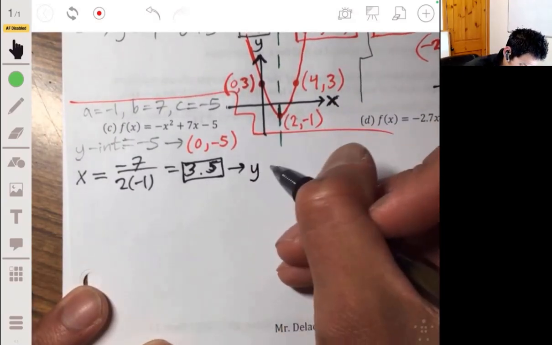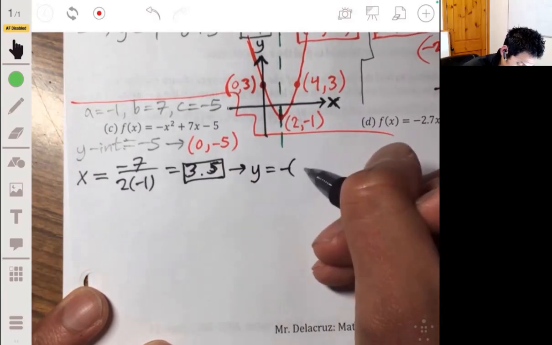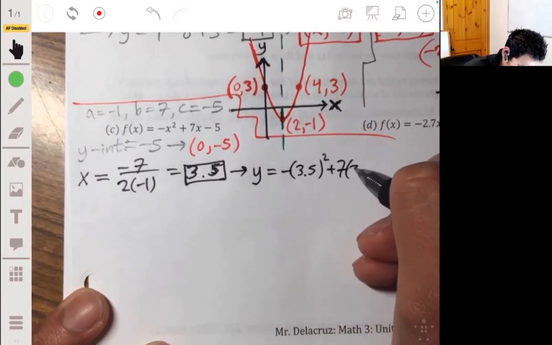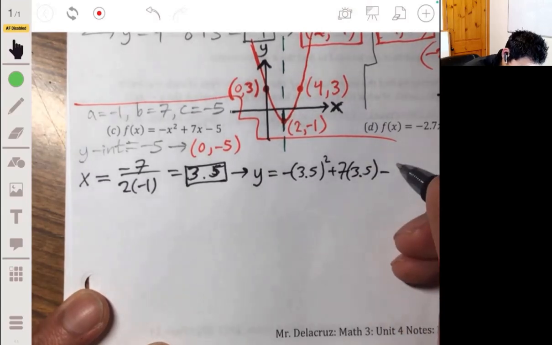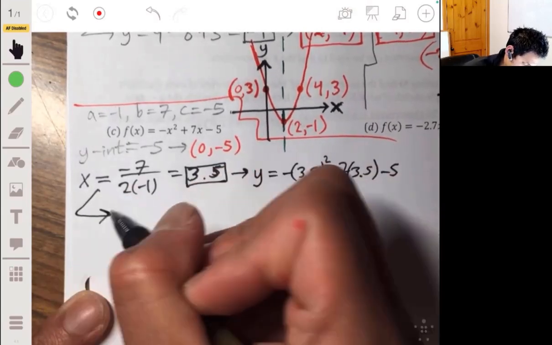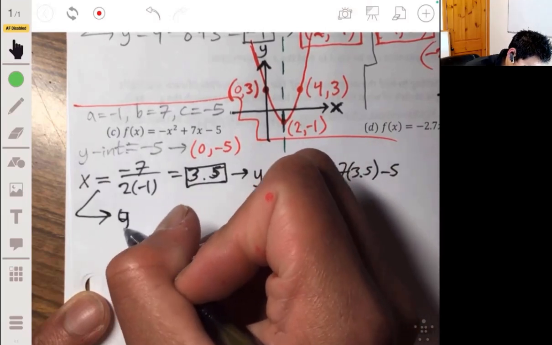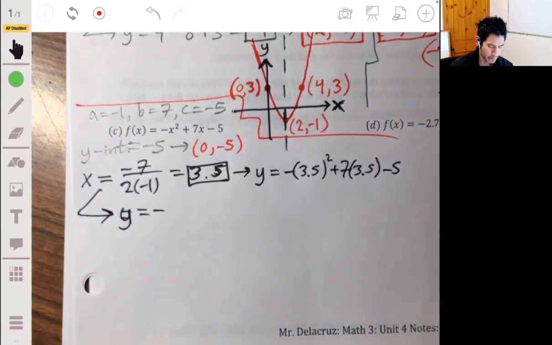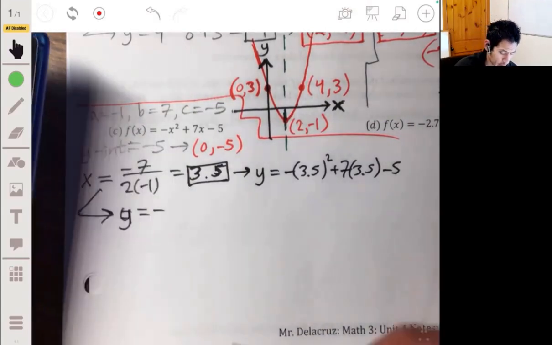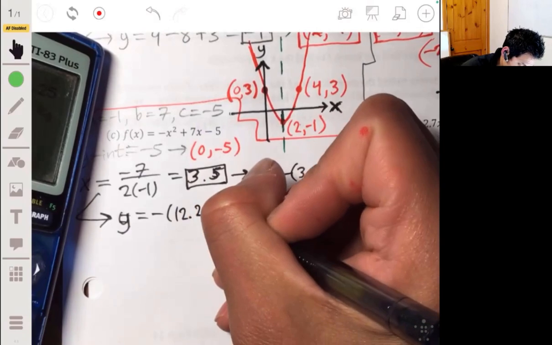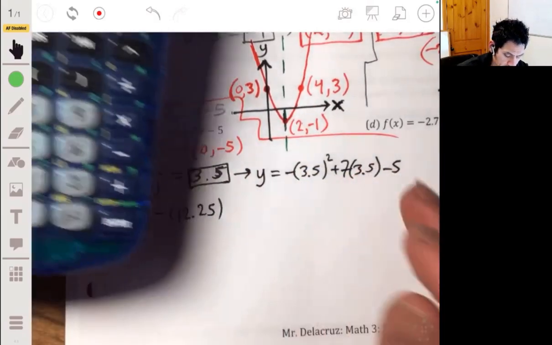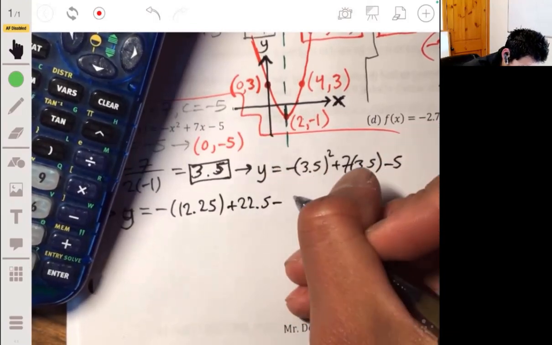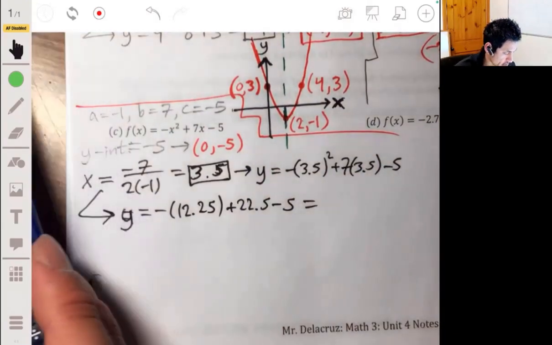And y will then be equal to negative 1 times 3.5 squared, plus 7 times 3.5, minus 5. 3.5 squared first is 12.25, so negative 12.25 plus 7 times 3.5, 24.5, gives 12.25, minus 5, 7.25.